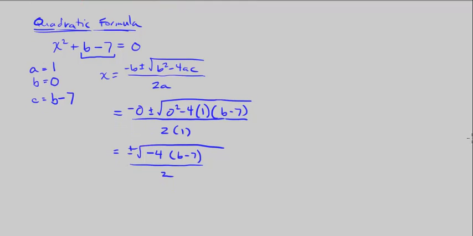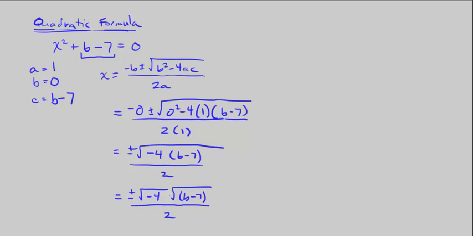Well, let's see what we can do. We have a 4 on the outside of this parentheses, so this is the same thing as plus or minus, since these are being multiplied, we could break the square root up and say the square root of negative 4 times the square root of b minus 7, all over 2.